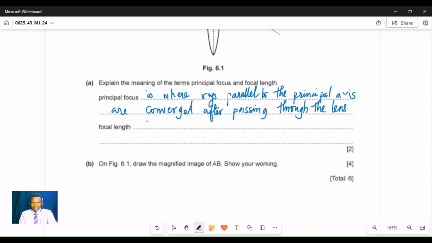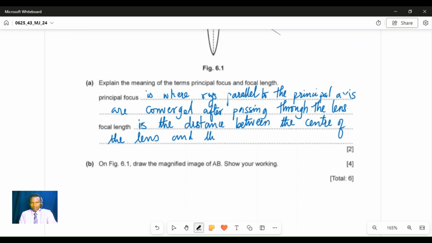All right. Then the focal length is the distance between the center of the lens and the principal focus.